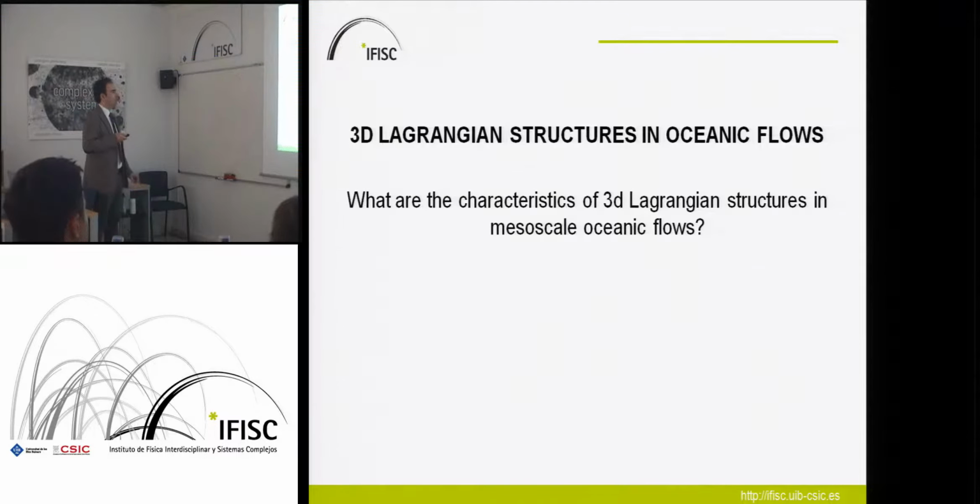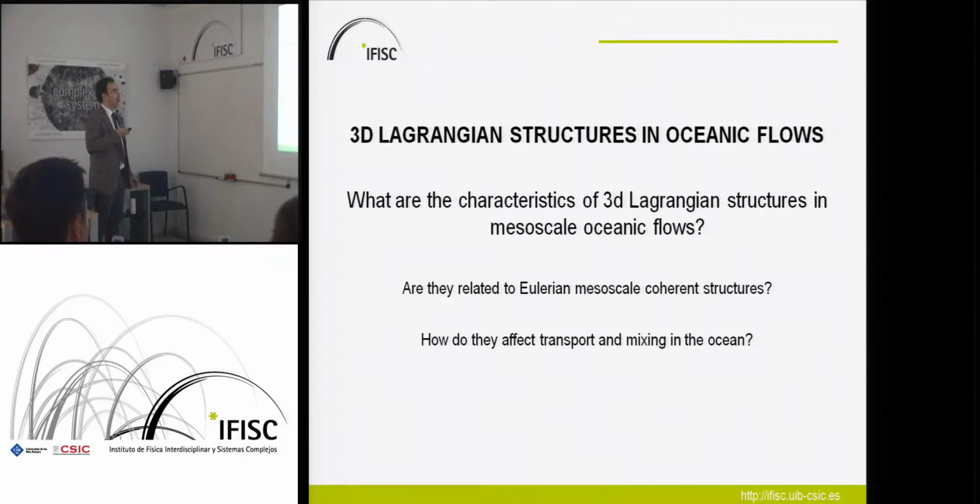And of course, here we wanted to know their characteristics in mesoscale oceanic flows. Again, if they are related to what is known as the mesoscale coherent structures, but from an Eulerian point of view. And how do they affect transport and mixing in the ocean?